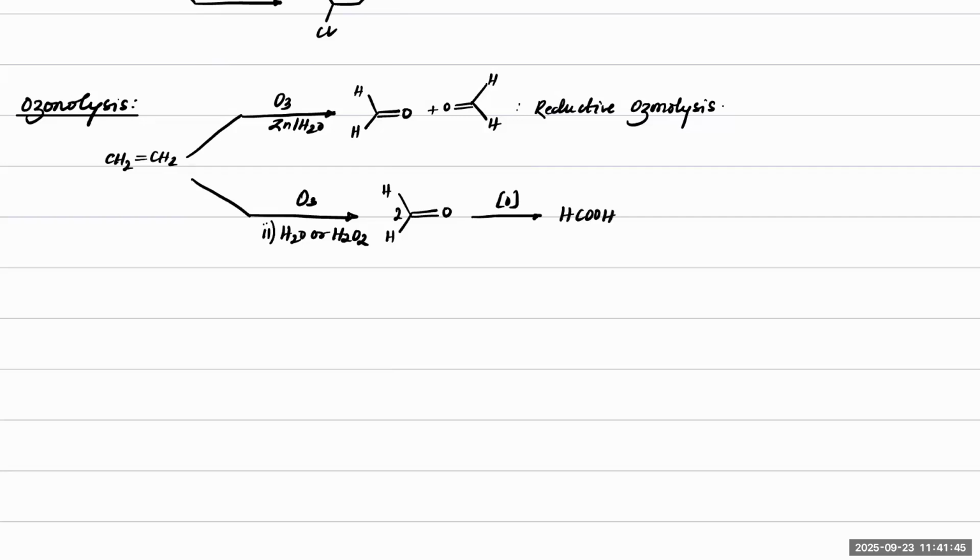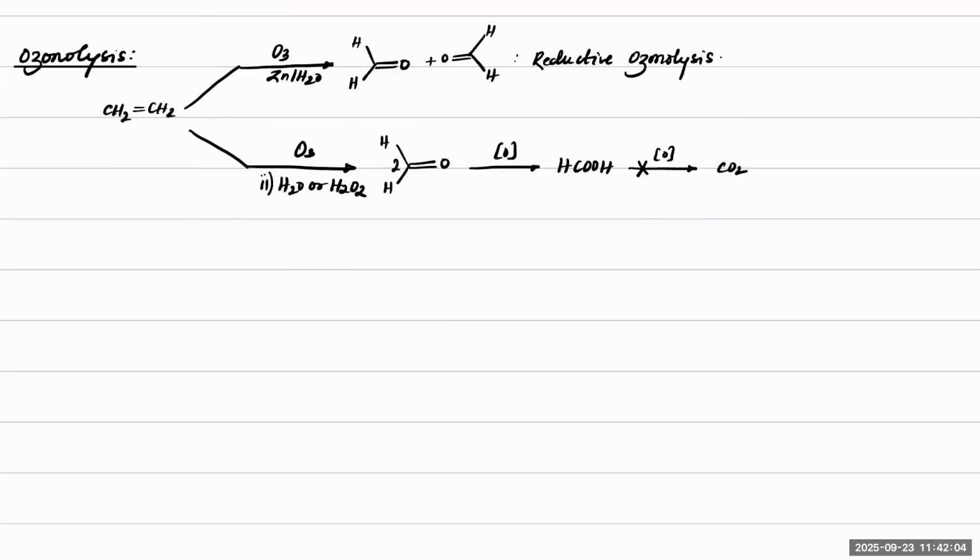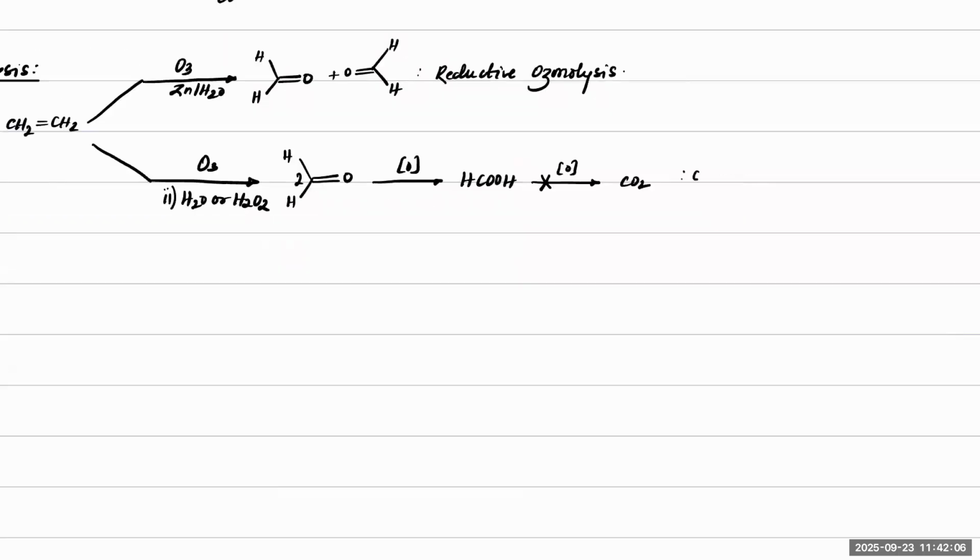Clear? In fact, HCOOH can also be further oxidized into carbon dioxide, but most of the time ozonolysis occurs at a very low temperature. So formic acid is where you will end the reaction. Got it? Now this is called oxidative ozonolysis.